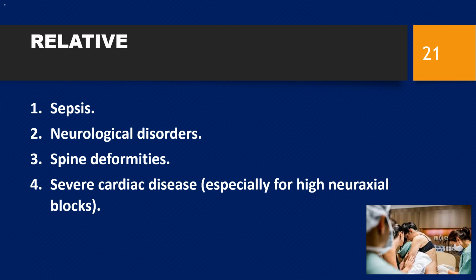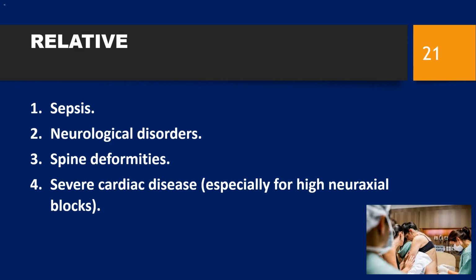Relative contraindications. 1. Sepsis. Regional anesthesia may be risky in septic patients due to potential hemodynamic instability and risk of infection spread. 2. Neurological disorders. Certain neurological conditions may be exacerbated by regional anesthesia or make it difficult to assess neurological function post-procedure. 3.